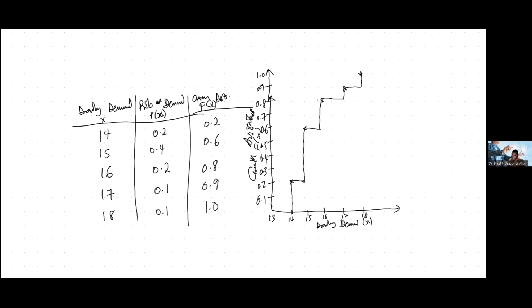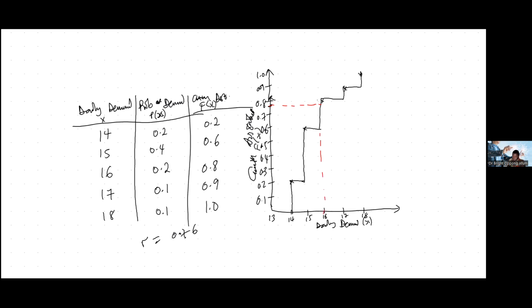So for example, if we have a random number of, let's say, 0.76, then based on that random number, it's going to hit that and it's going to give us a demand of 16, right?